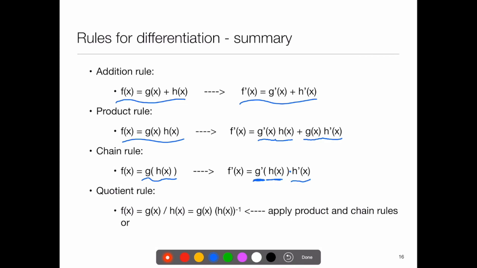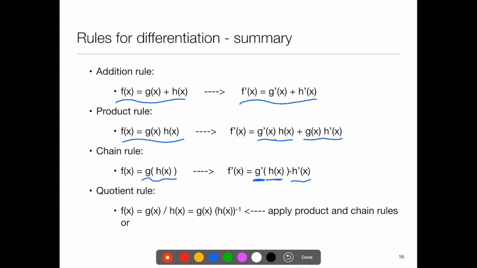For the quotient rule, we have a function f of x that's given by a ratio of functions g of x over h of x, and that can be rewritten as g of x multiplied by h of x to the minus 1 power. And when it's written that way, you should be able to see, and I'll go through this in a few minutes, that you can use the product rule combined with the chain rule to figure out what the formula is for derivatives of this form.